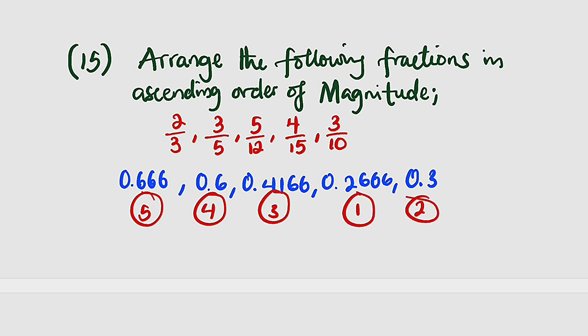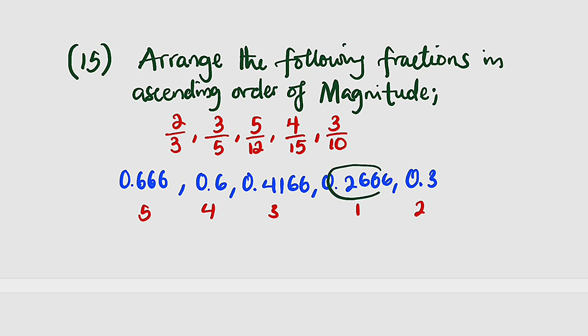So to arrange this in ascending order, we are going to start with the second to the last fraction, which is 4 divided by 15, followed by number 2, which is 3 divided by 10.